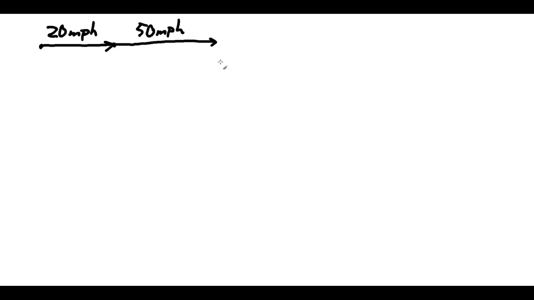An outside observer would observe that object then moving at 70 miles per hour, right? The speed of the vehicle plus the relative thrown speed, 20 plus 50 gives us 70 miles per hour. And this is what we call Galilean relativity. It allows us to shift between different coordinate systems.